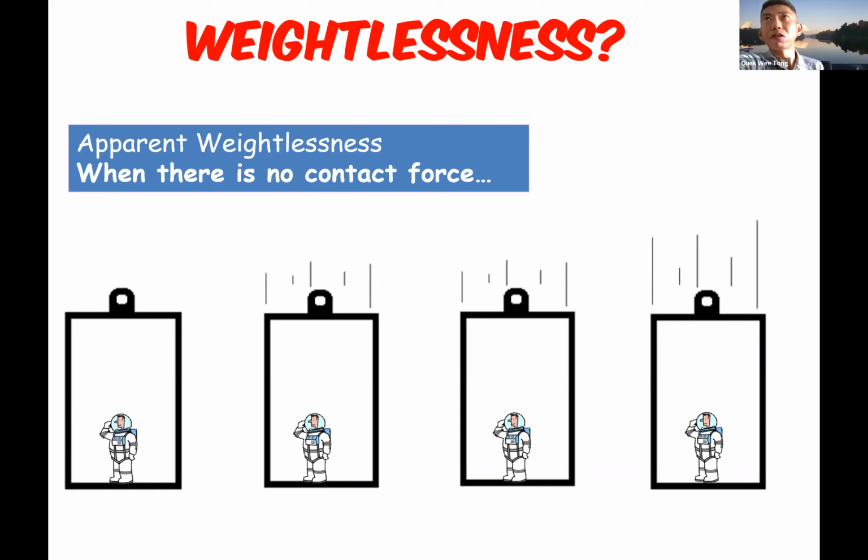So what I'm feeling is not my weight. I'm feeling the normal contact force. Similarly, if I'm standing for too long, my legs feel heavy, or my toes don't feel comfortable. That's because of normal contact force. So if you were to feel weightless, you actually don't have to have no g. What you just need is to have no normal contact force.